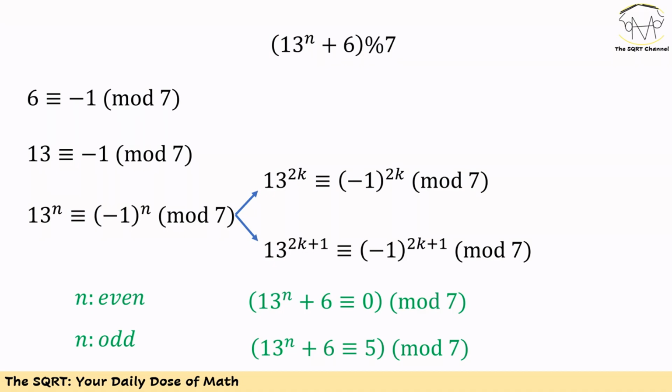For even, the whole answer that we have for 13 to the power of n plus 6 is going to be 0 because we have 1 for the first term and negative 1 for the second term. On the other hand, if n is odd, then the whole answer is going to be minus 1 plus minus 1 or minus 2 for modulus 7, which is basically 5 for modulus 7.